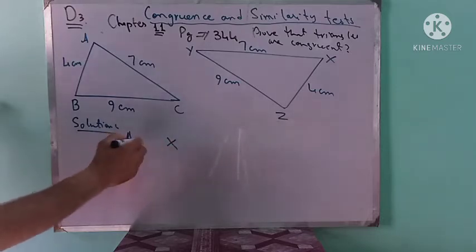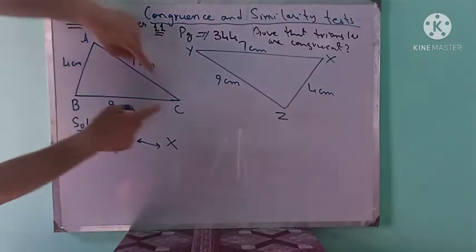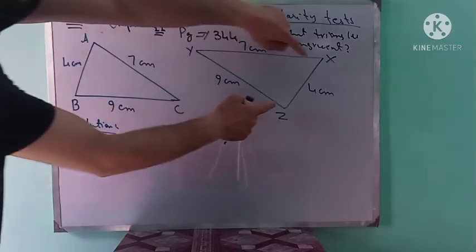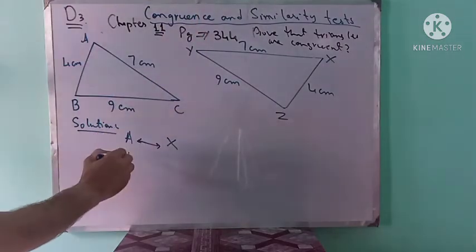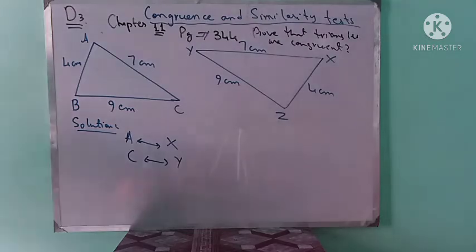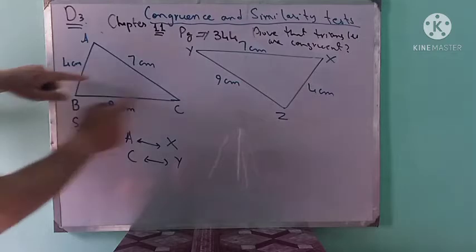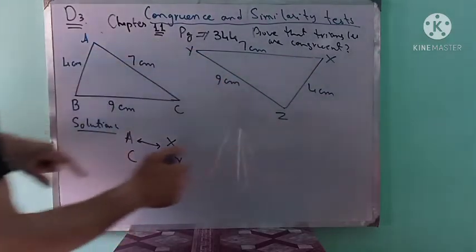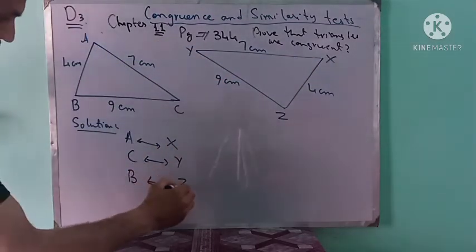In front of 4 there is C, and here in front of 4 there is Y. So C and Y are the corresponding vertices. What is left? In front of 7 there is B, and in front of 7 there is Z. So B and Z are the corresponding vertices.